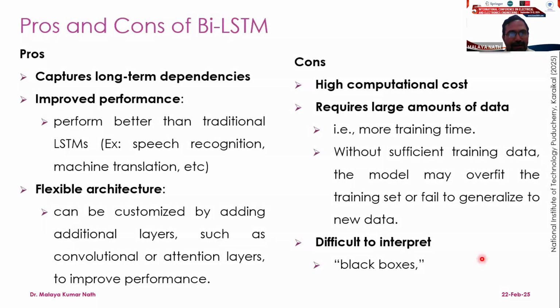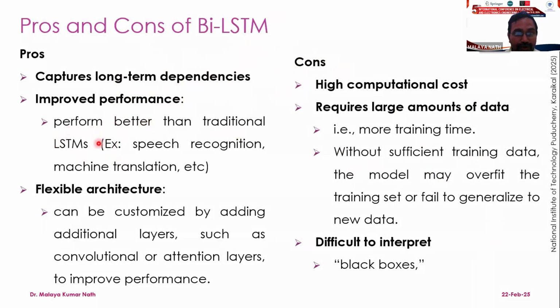Now, what are the pros and cons of this bidirectional LSTM? This will give rise to the LSTM network, and we'll talk about LSTM just after a few minutes. If you look at the pros and cons of a bi-LSTM, it captures long-term dependencies, has improved performance, and can perform better than the traditional LSTM.